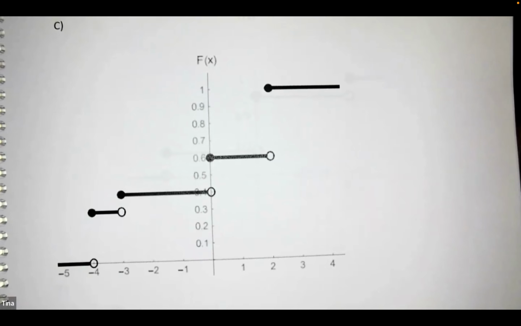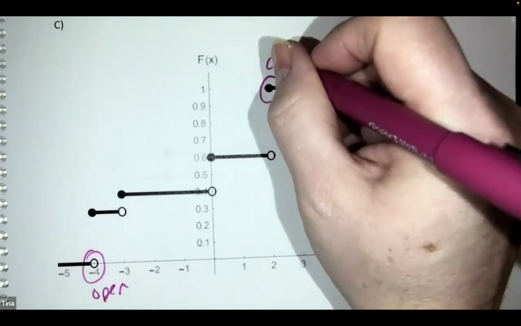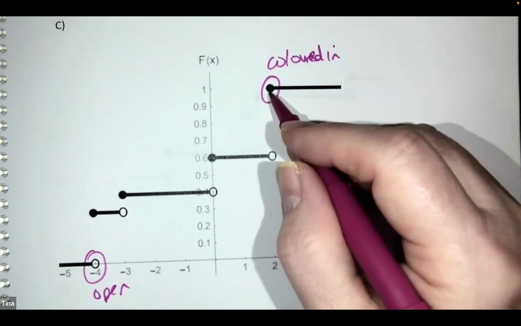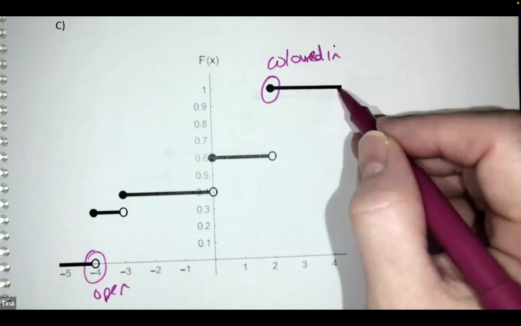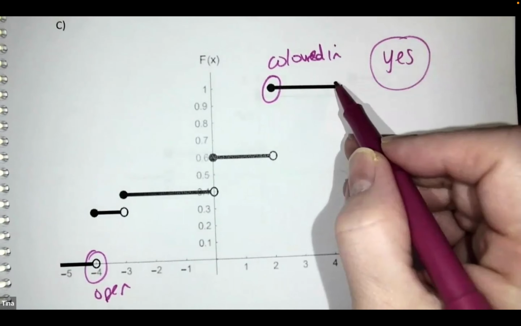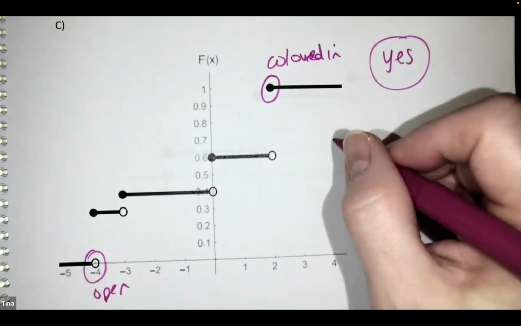So C is okay. So this one is open, and this one is colored in, right? Which means it's actually defined there at 1. So this is what we call right continuous. So yes, this one's good. The limit of x approaching infinity is 1, and it starts out here at 0, right?